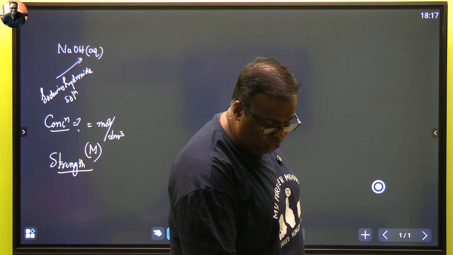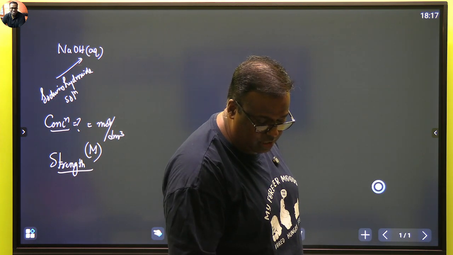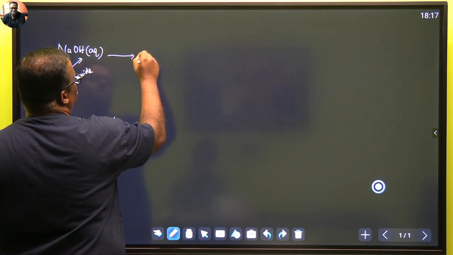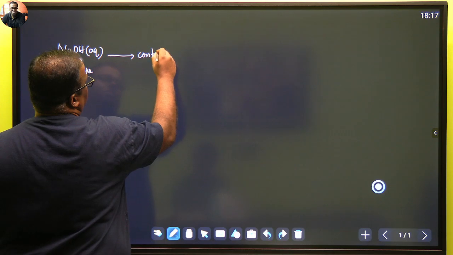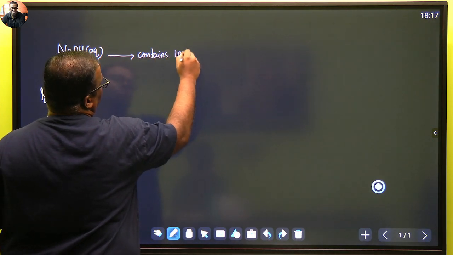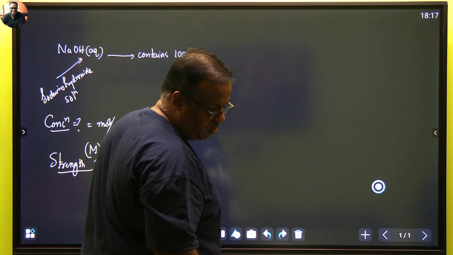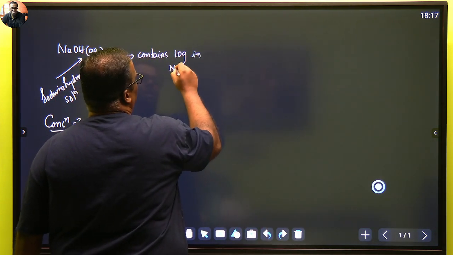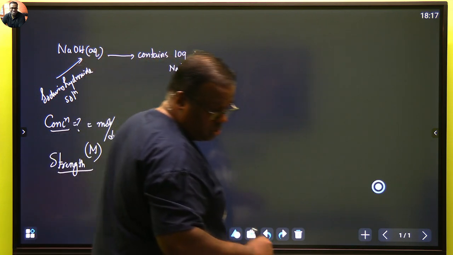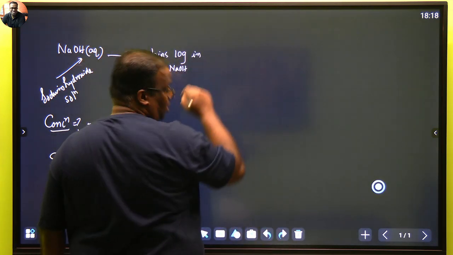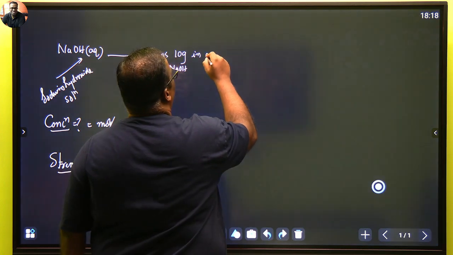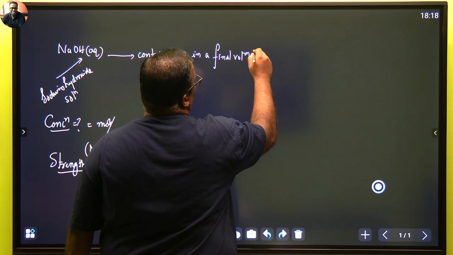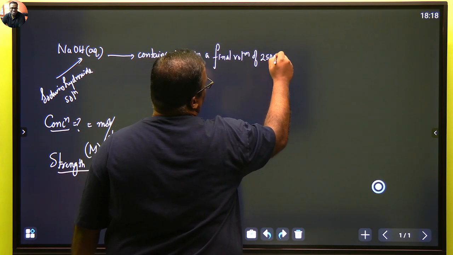Calculate the concentration of a solution of sodium hydroxide that contains 10 gram NaOH in a final volume of 250 centimeter cube.